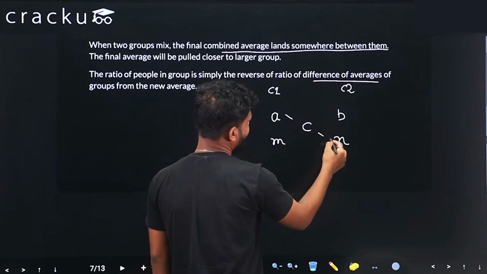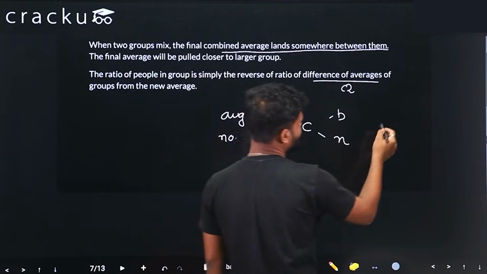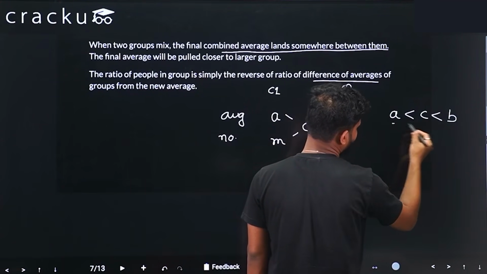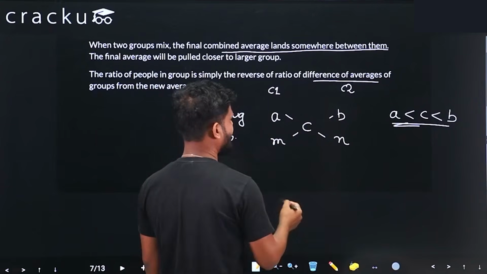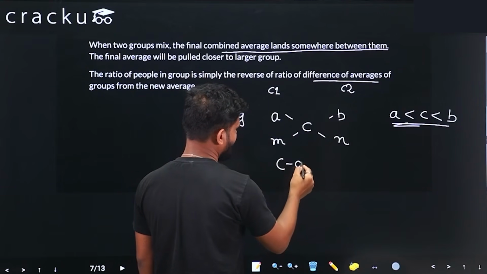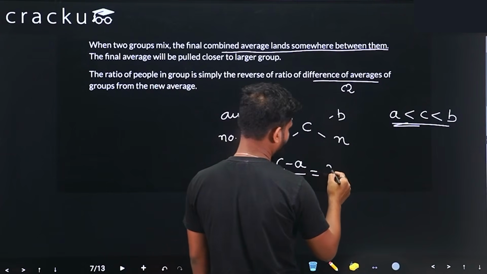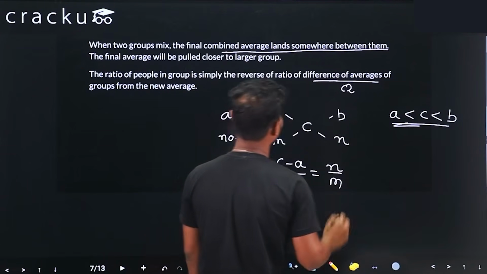How do you write the alligation? Let us assume A is less than C, less than B. So here I can write (C minus A) divided by (B minus C) is equal to N by M.